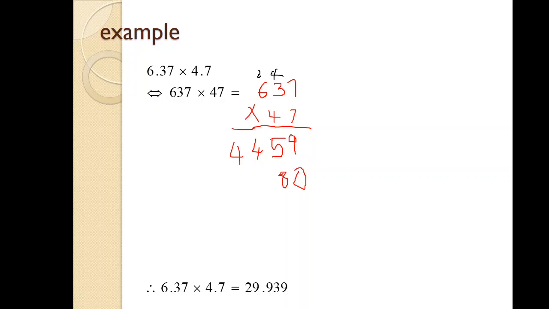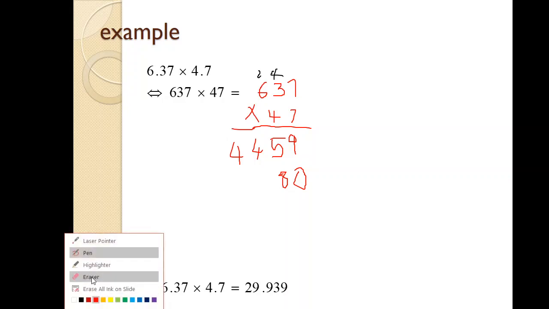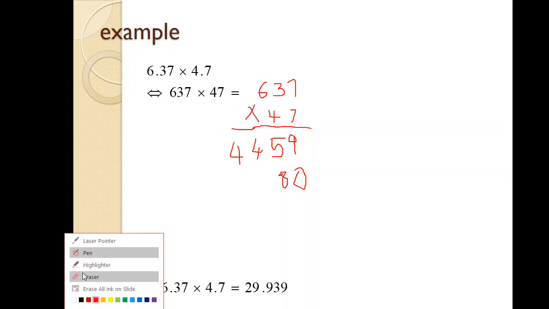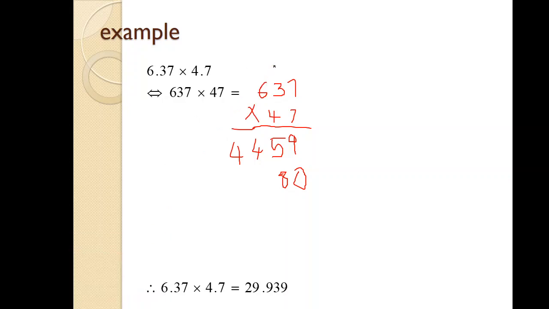Here now we can just remove these numbers, we don't need them anymore. Okay, let's pick a different color. The 2, put it here. Remember, 7 multiplied by 4 is 28. I put an 8 then the 2 comes up here.